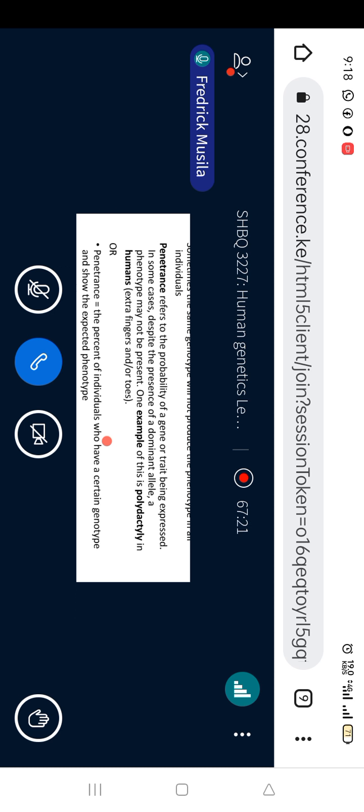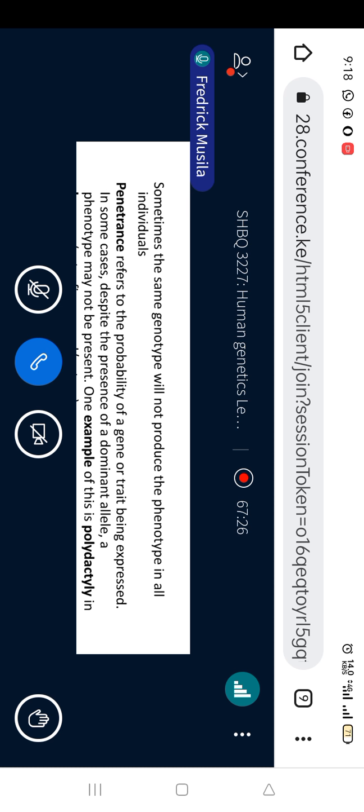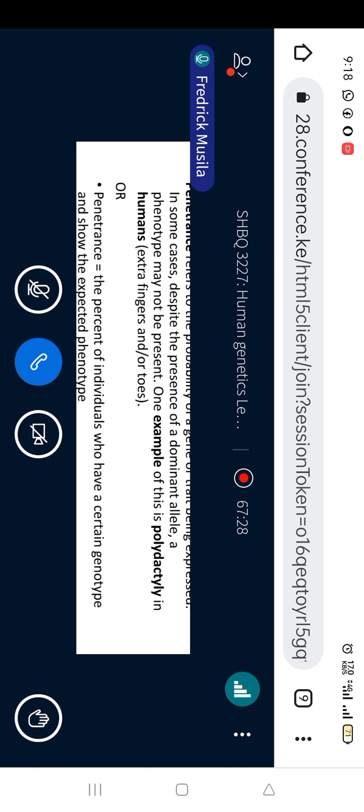Sometimes the same genotype will not produce the phenotype in all individuals. Let's say you have a specific gene, or you have very many people with a particular gene. You are sure these people have that particular gene, but they may not display the phenotype.